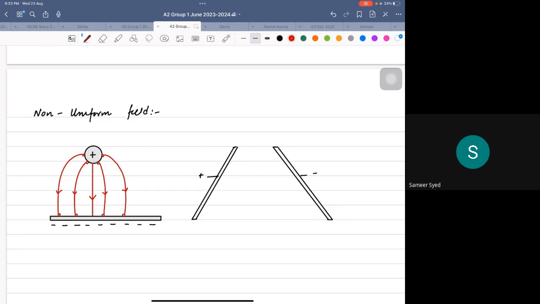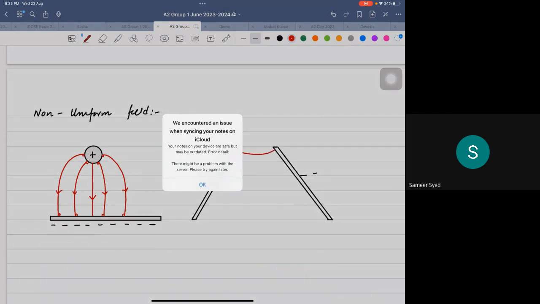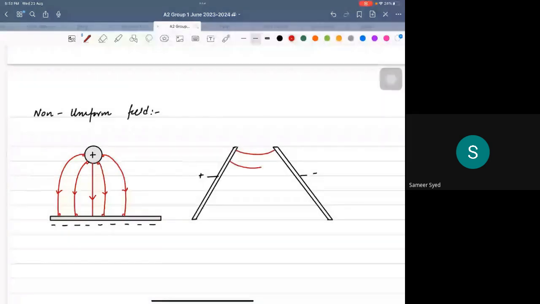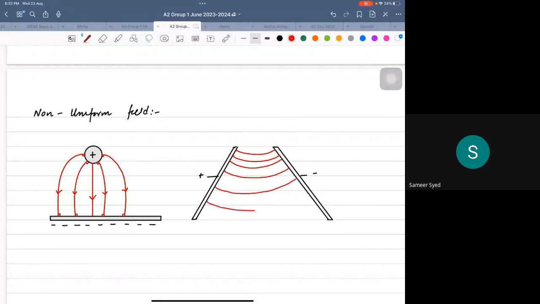So it goes like this. 90 degrees out, 90 degrees in. 90 degrees out, 90 degrees in. And obviously, as the plates go further apart, the strength of the field is also going to decrease because plates are not close together anymore, like that.